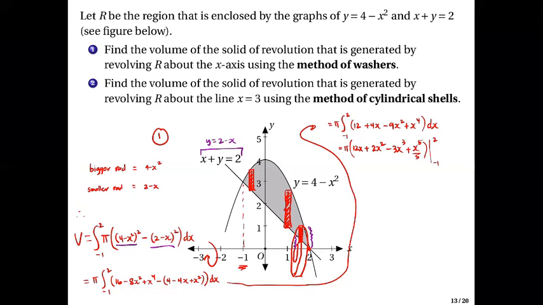And then evaluating, we have here pi times, at 2, we will have 24 plus 2 times 4, that's 8, minus 3 times 2 cubed, so 3 times 8, that's minus 24, plus x to the 5, that's 32 over 5.